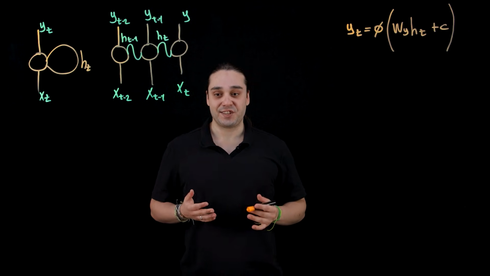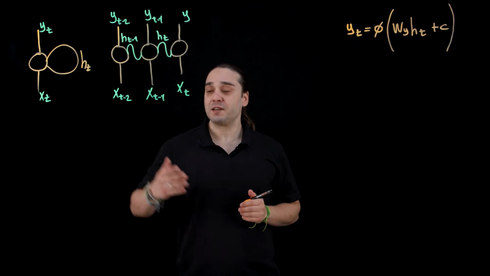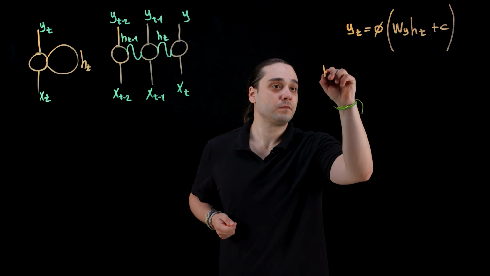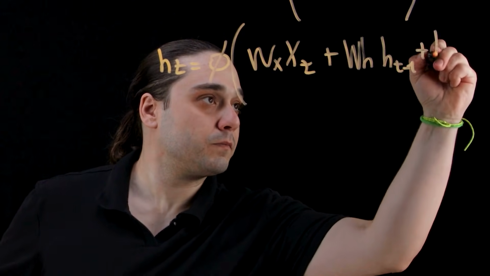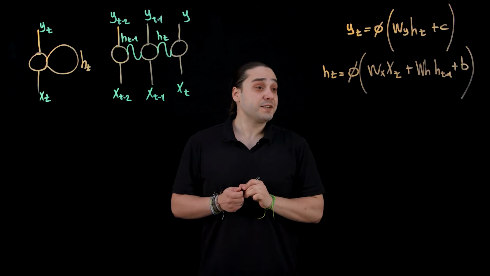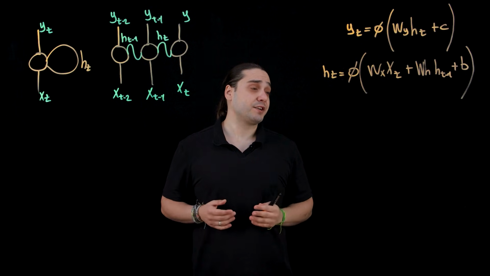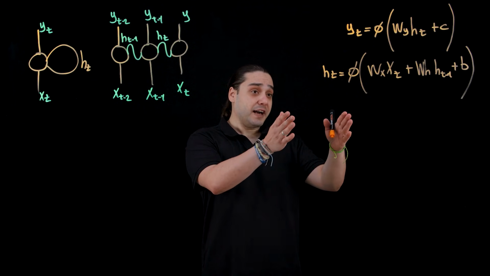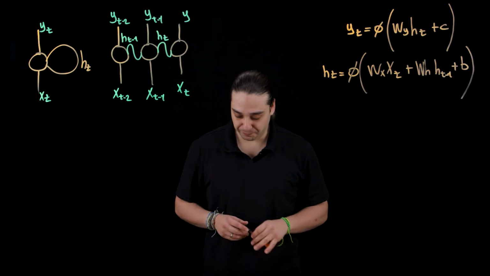The hidden state ht is calculated based on the current input xt and the previous hidden state ht-1. In this equation, Wx and Wh are the weight matrices, xt is the current input, ht-1 is the previous hidden state, and b is the bias term. And finally, an activation function processes this combination to produce the final result.